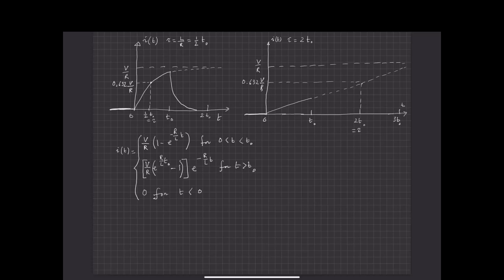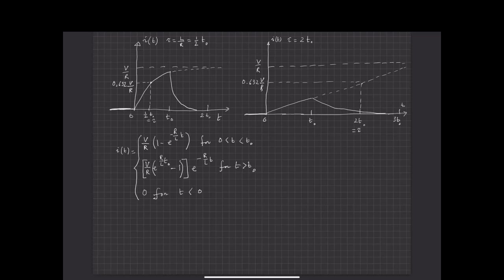Okay? Because this thing comes on at T equals T naught, the solution is an exponential function. And so that's what the response looks like for tau equals 2T naught.